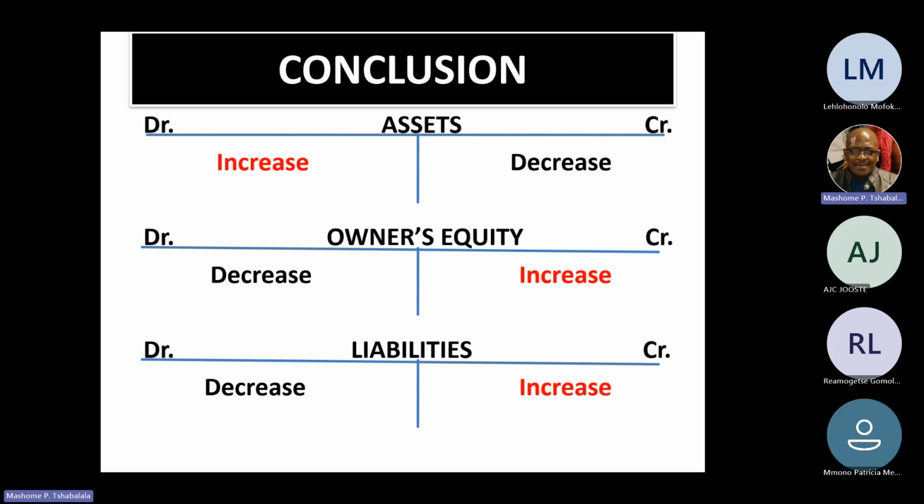Also with the accounting equation, because we need this information when you analyze the transactions in the accounting equation. All assets increase on the debit side and decrease on the credit side. Owner's equity increases on the credit side and decreases on the debit side. The liabilities, the same, they increase on the credit side and decrease on the debit side.